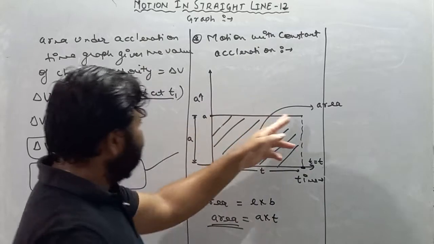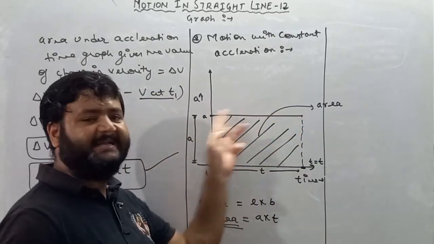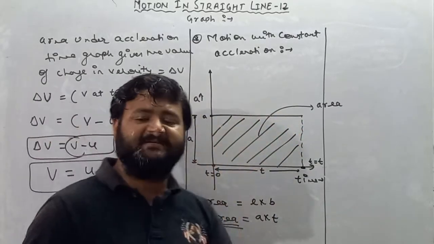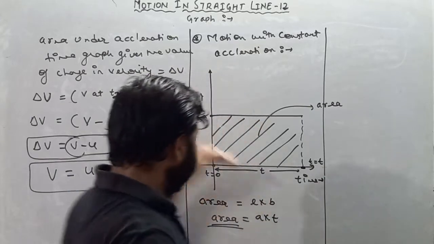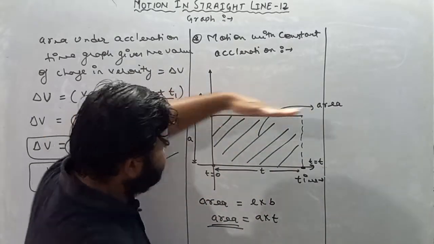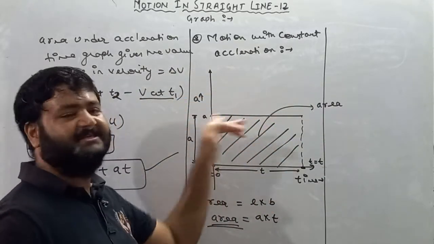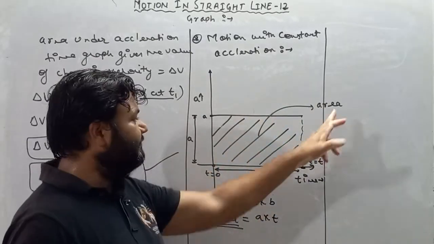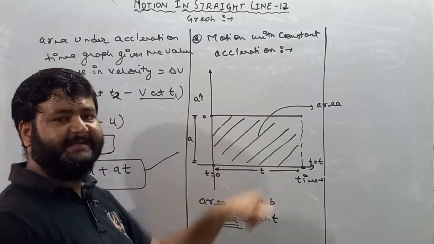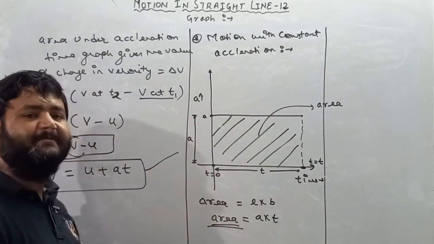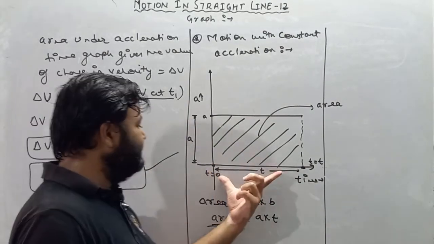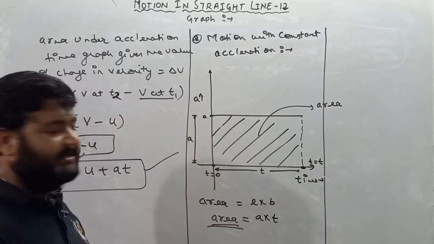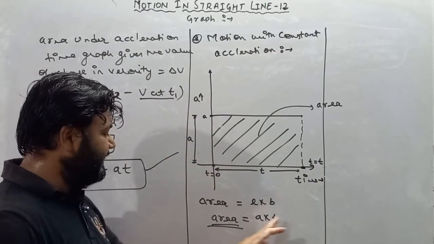Now see, if the particle is moving with constant acceleration, it means acceleration is not changing with respect to time. So the particle covers an area, and we know that it forms a rectangle whose area is L into B. So L is T and B is A, so A into T.